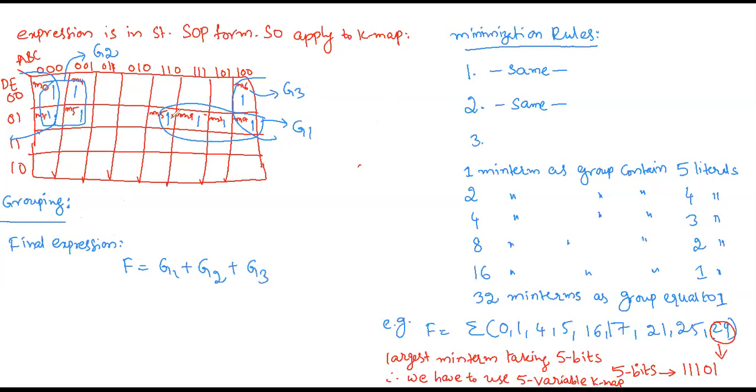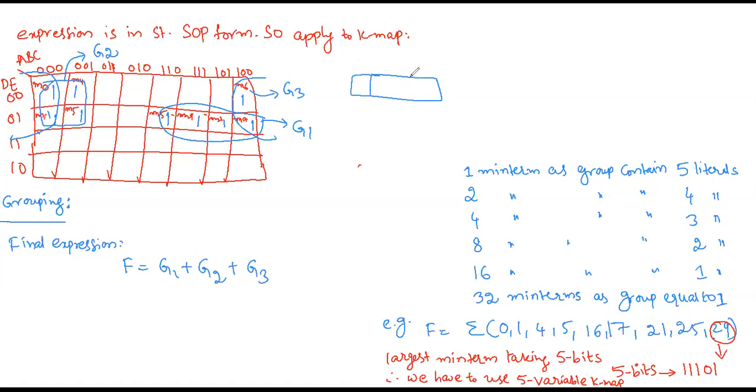Now what is G1? To find G1, along the G1 box, look for the variables which have constant values.